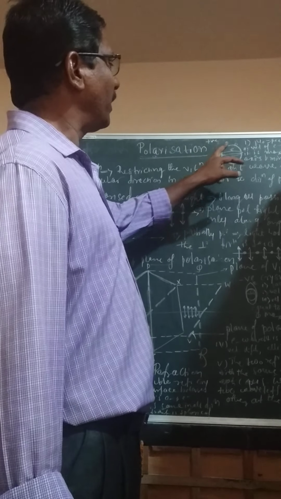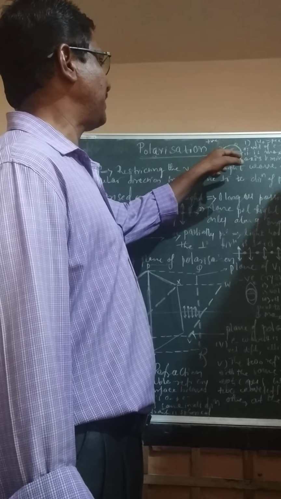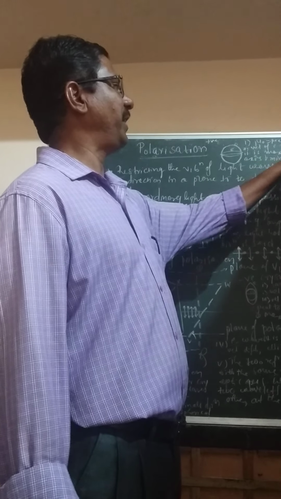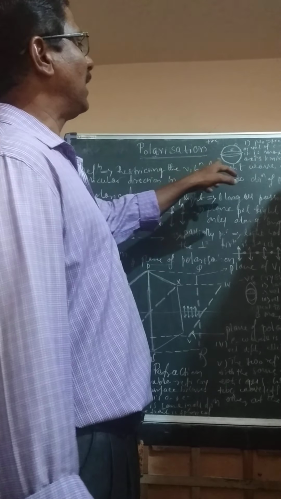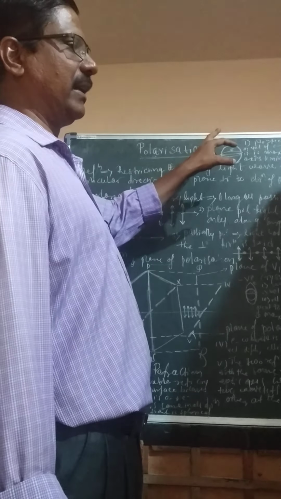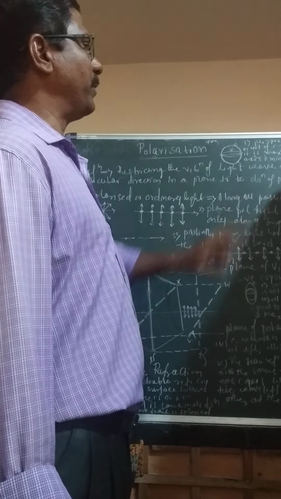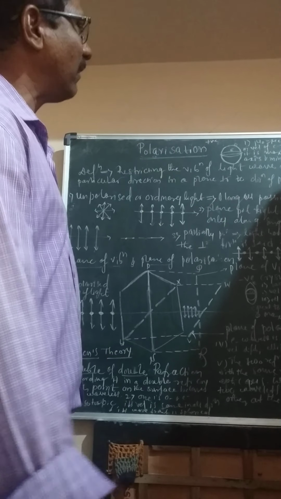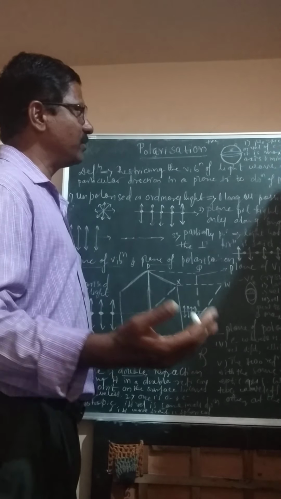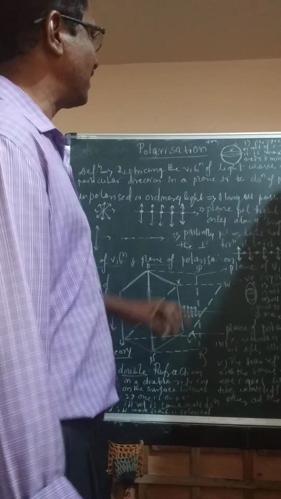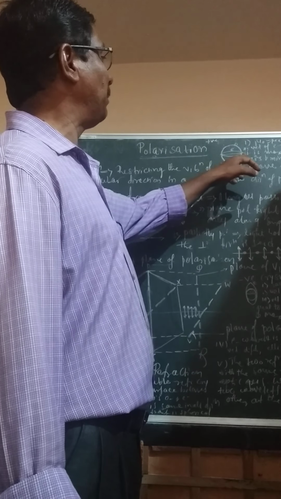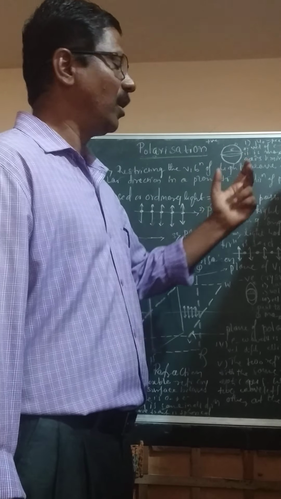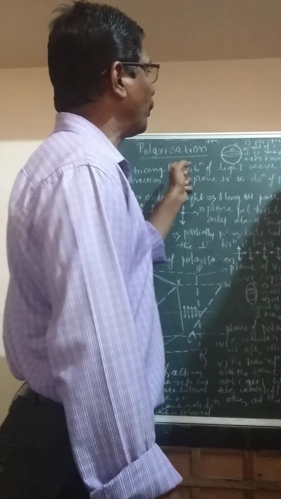Another important property taking place inside a positive crystal is that the velocity of the ordinary ray is the same in all directions. Whereas the velocity of the extraordinary ray varies. How does it vary? Let's see here. The velocity of the extraordinary ray is maximum along the optical axis.